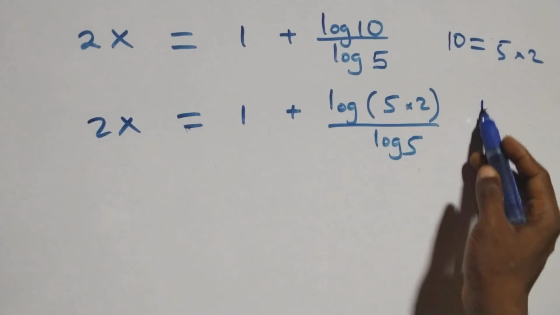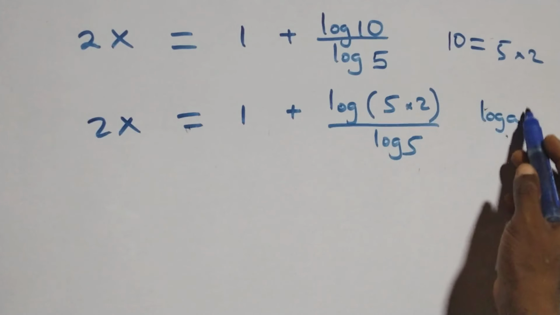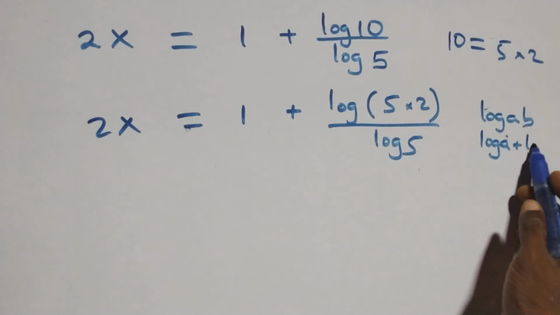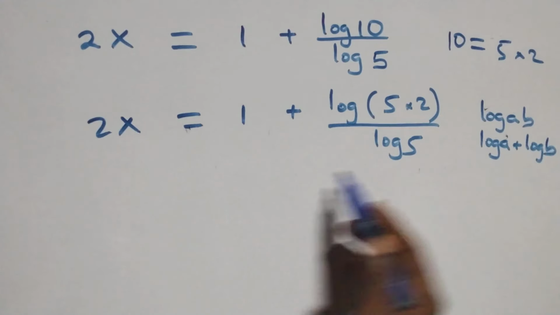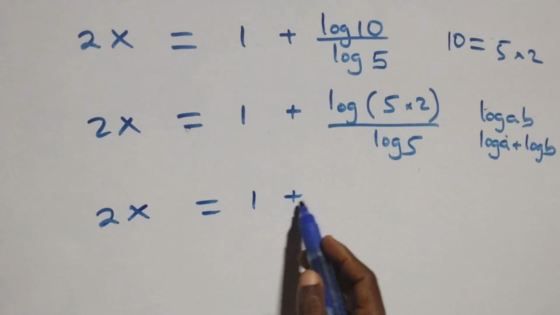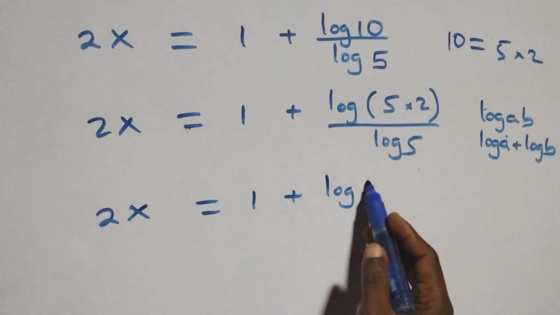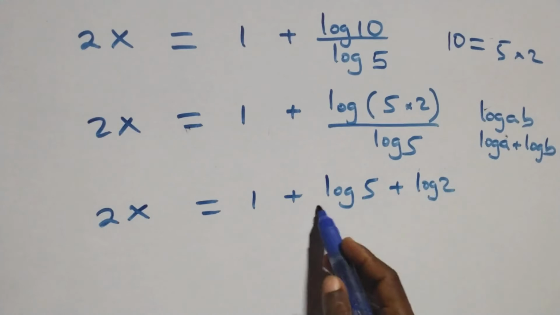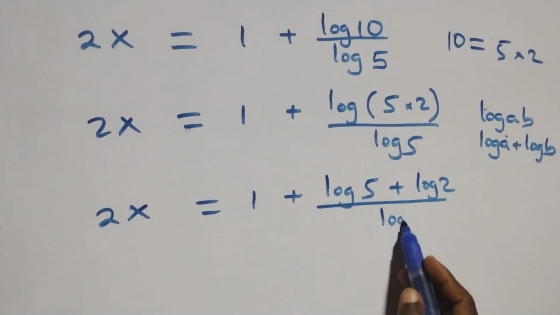This also follows when we have log a times b, which is the same thing as log a plus log b. That is, here we have 2x equals 1 plus log 5 plus log 2 over log 5.